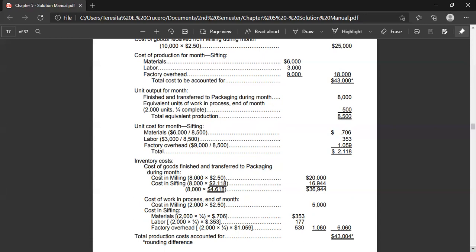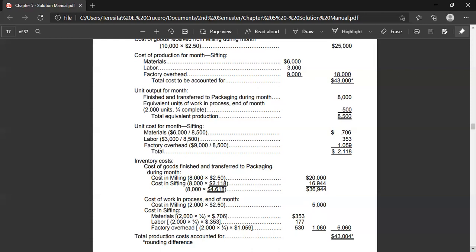That's the total cost of the work in process at the end of the month. Now be careful because the 2,000 units at the end of the month, their unit cost is 2.50 as initially given. That's why you have 5,000.